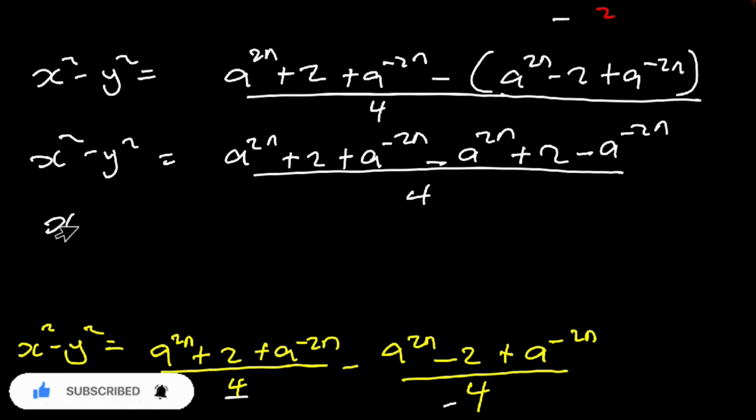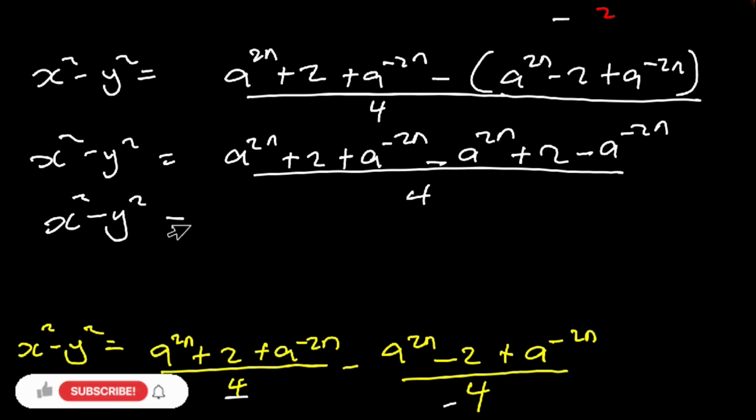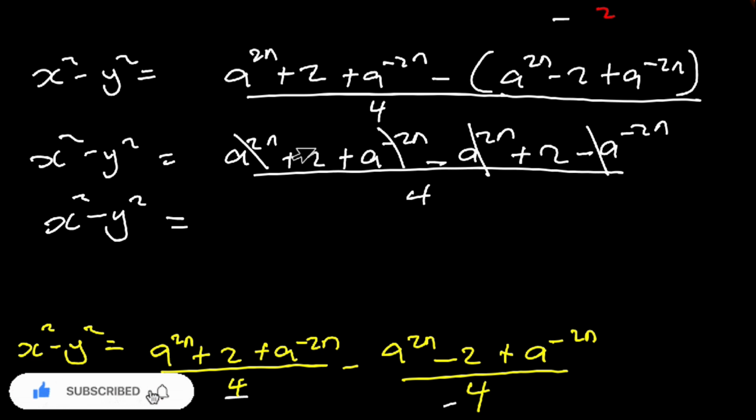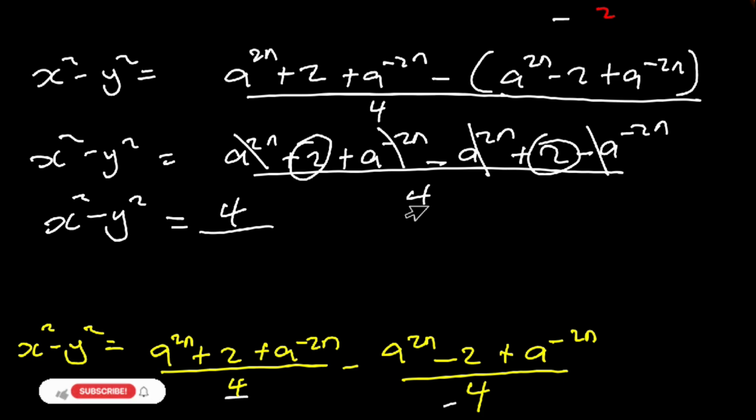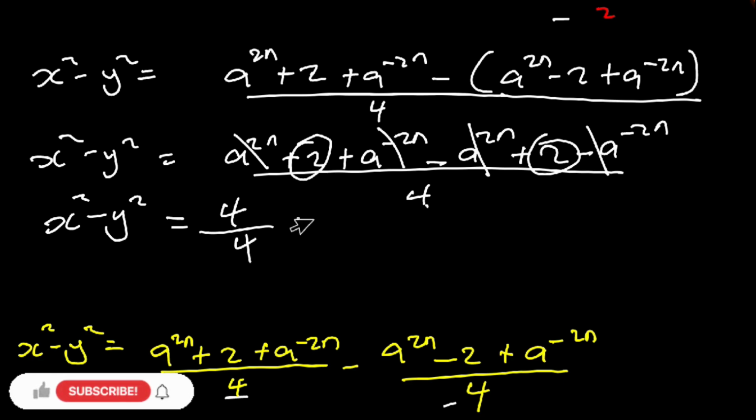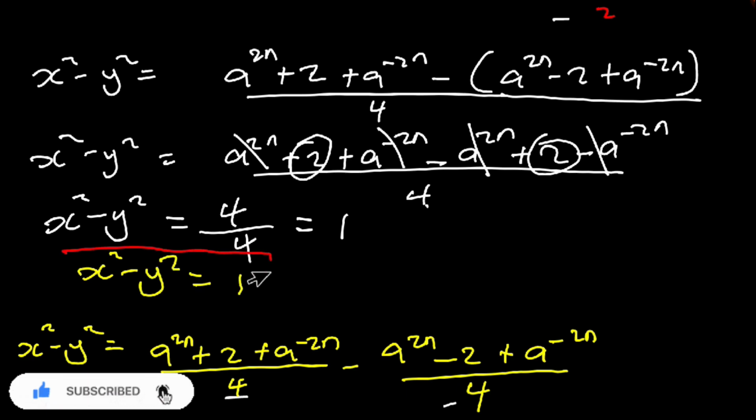So we have that x square minus y square is equal to, now a raised power 2n minus a raised power 2n is 0, a raised power minus 2n minus a raised power minus 2n is 0, we'll be left with only 2 plus 2. So 2 plus 2 is equal to 4 then over this 4 here. So 4 over 4 is equal to 1. So we have that x square minus y square is equal to 1. And then this is our final answer.